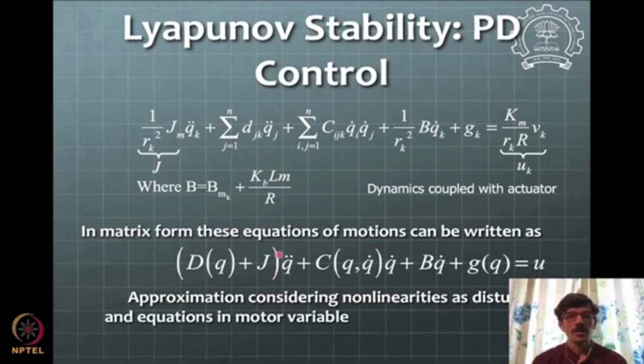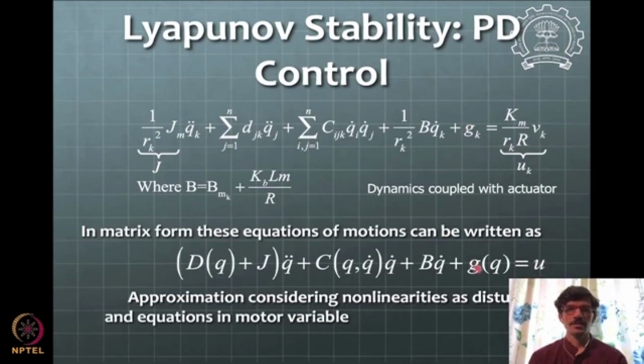You get this D matrix a little bit modified because of the motor parts coming in, and then this U vector is basically all the inputs, the input voltage to the motor, which is defined this way. V is the actual voltage going to the motor, but this constant is getting multiplied, and we get our control input U in the actuator, that is represented as a vector up here.